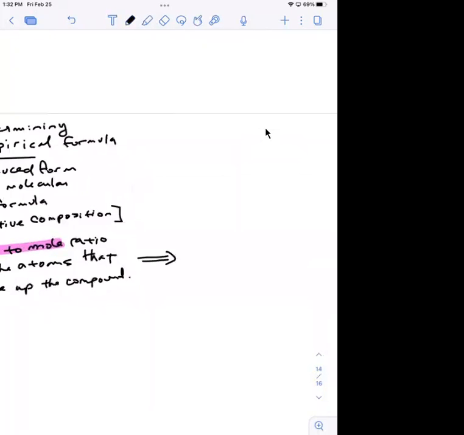All right, can we use this? And use that relationship between grams and molar mass to find moles. So if we're solving for moles, then it's grams over molar mass.